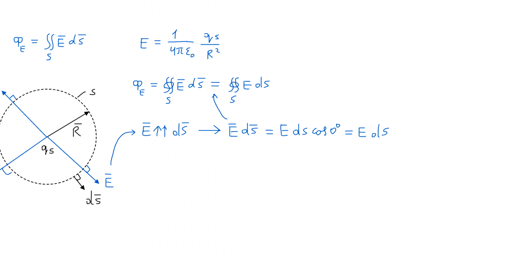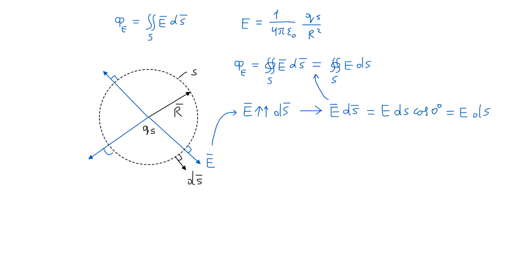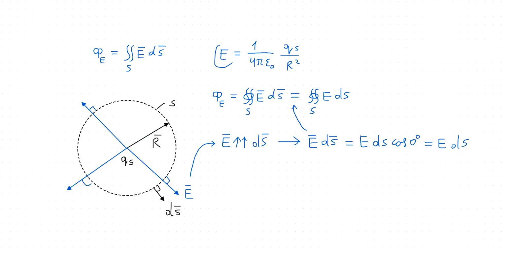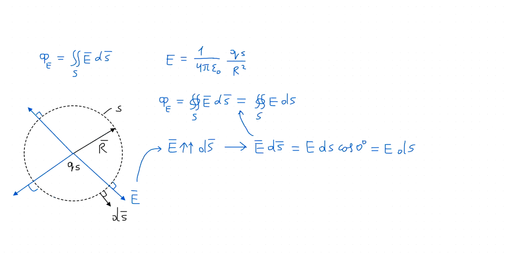And moreover, the absolute value of vector E, as we can see from this formula, is the same for each point of surface S. So it doesn't depend on element dS.